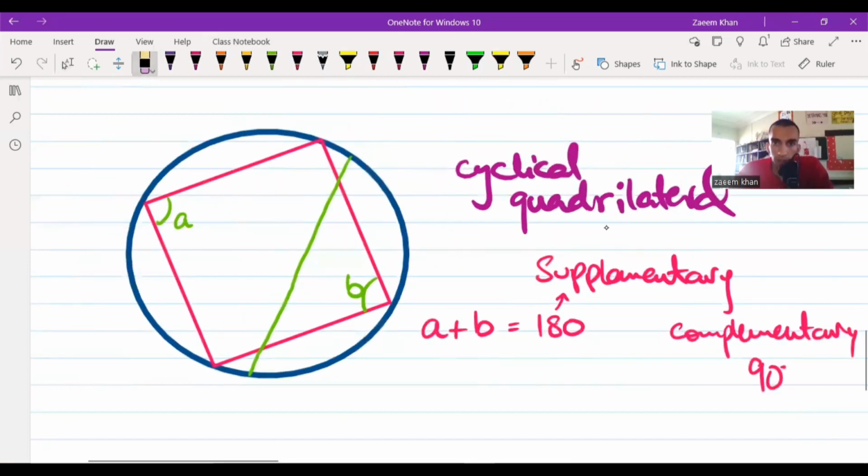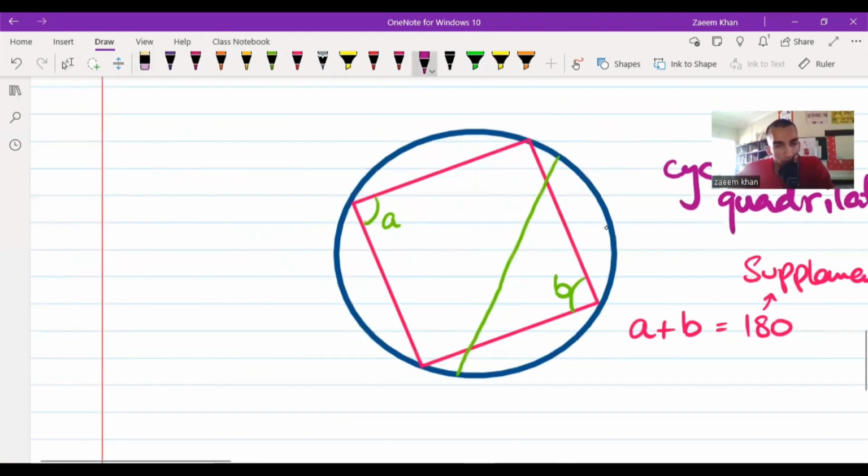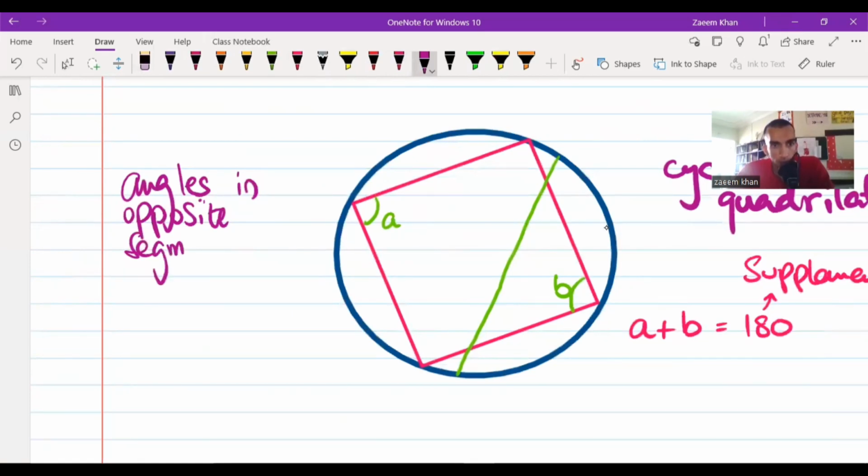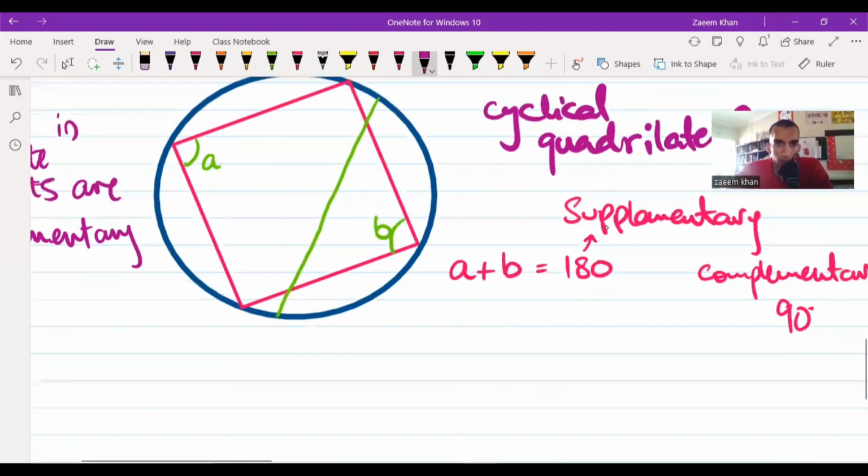Now the rule for this is, the official terms are: angles in opposite segments are supplementary. Well done. Or in easier words, they add up to 180. So angles A and B are going to add up to 180.